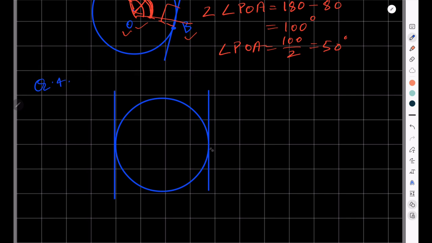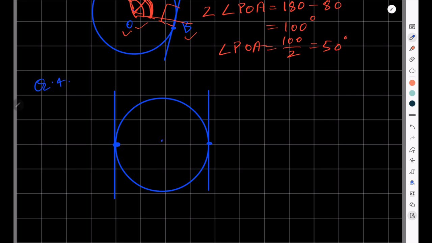One tangent and then another tangent, and these two tangents are drawn on two diametrically opposite points of the circle. And what is a diametrically opposite point?